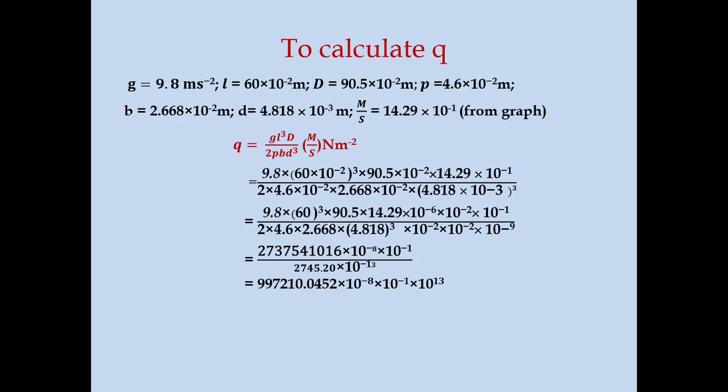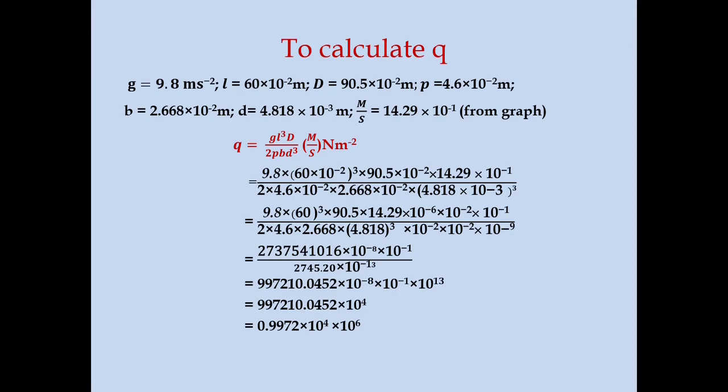The power in the denominator, when it gets into the numerator, is 10 power plus 13. So the overall result is 997210.0452 into 10 power 4, since minus 8 minus 1 plus 13 gives plus 4. Bringing the powers inside and writing it in terms of power, we have 0.9972 into 10 power 4.